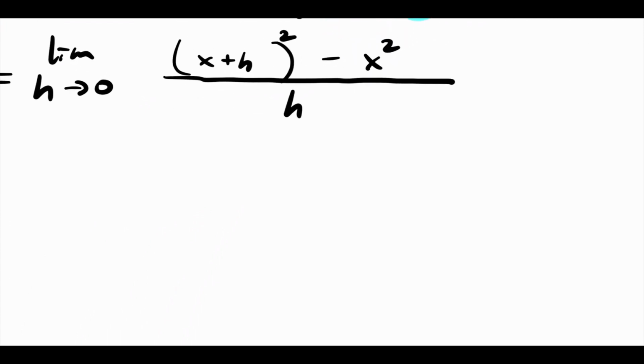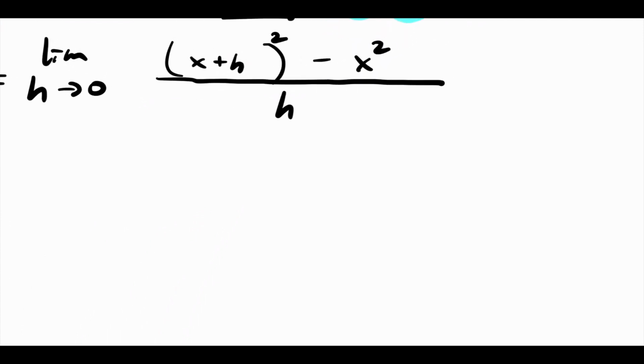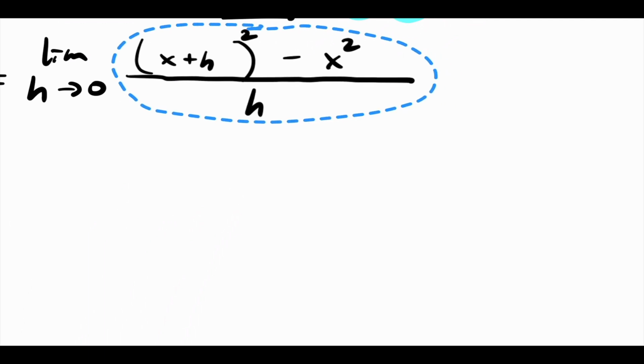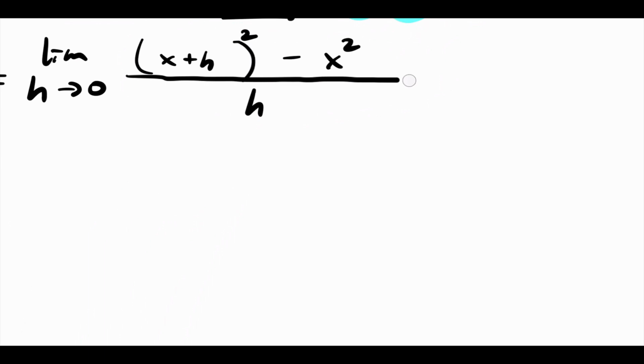Okay, so now that I got all that, how do I solve this limit? We just took a test last week, right? How do we solve this now? What do we need to do? Plug in 0 everywhere I see an h, right? Everywhere I see an h, I got to plug in 0.